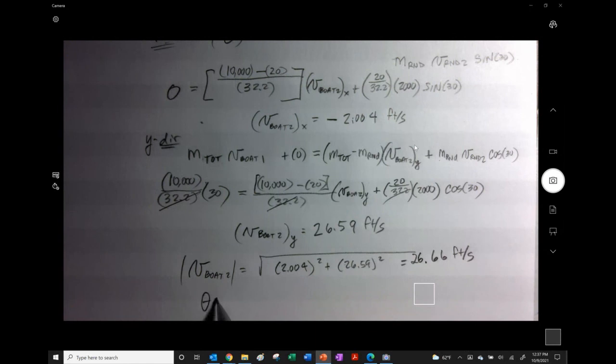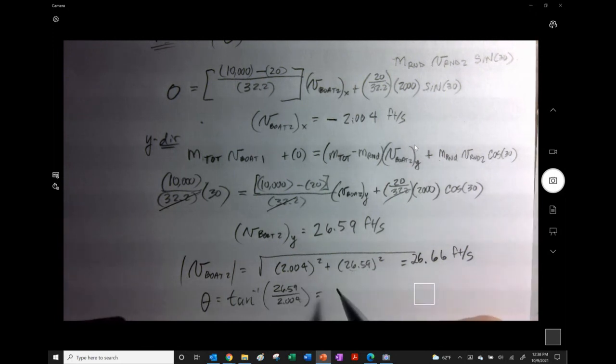And then the angle that would form in terms of the boat's motion, it depends on what you call rise and run, but this is rise and that's run, right? So 26.59 divided by 2.004, and well, I need to do 26.59. So, ooh, wait, how come I get something different?